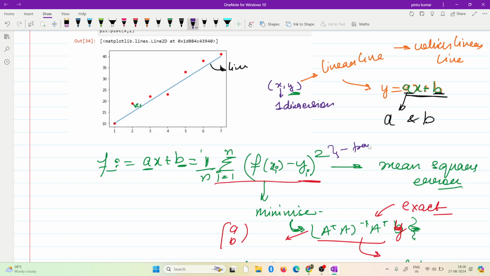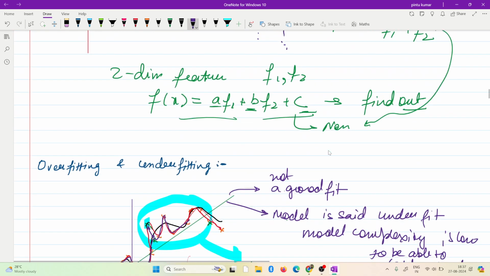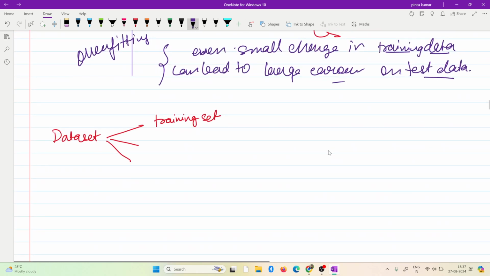Because you are minimizing your error on this training data set, we say that we are training the model on this particular data set. So what you asked is, what do we mean by training on the data set? By that we mean that we have minimized the error for that data set.